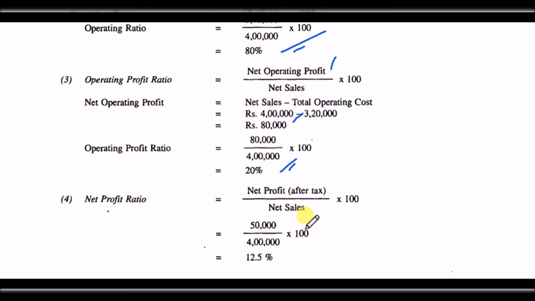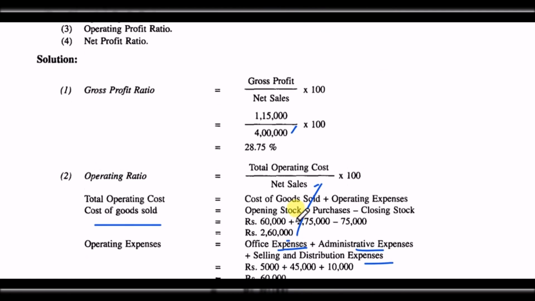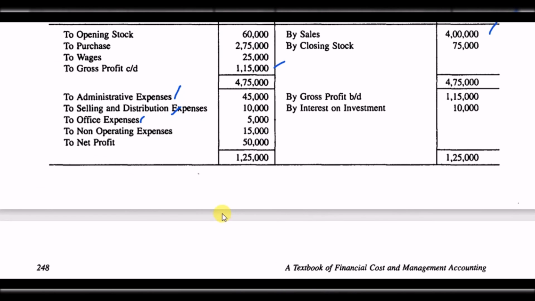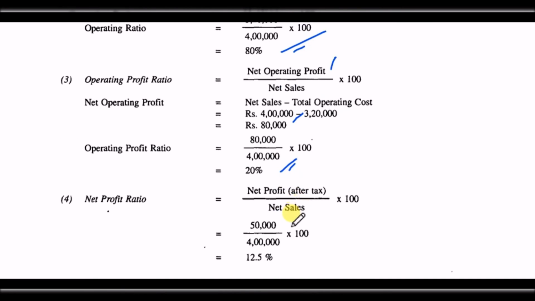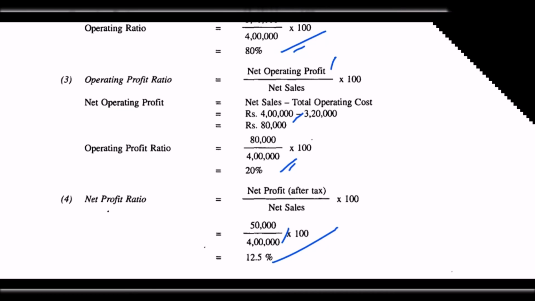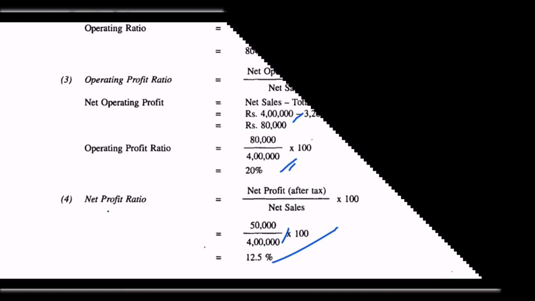How can we get this 50,000? Here in the data, net profit is 50,000. So with net sales 4 lakh, in this way 12.5% is our net profit ratio. So today we have to stop here.